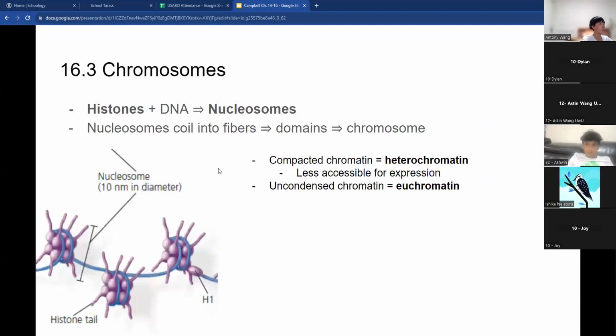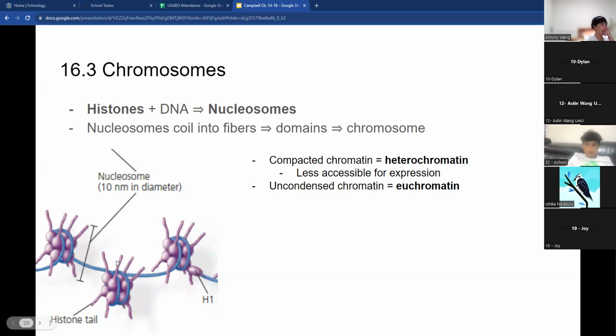And chromosomes are not just like a loose spaghetti of DNA in your nucleus. DNA is often wrapped around histones, condensed around them. If you have 8 histone proteins, and DNA is coiled around those histone proteins, the 8 histone proteins and their coil of DNA is called a nucleosome.